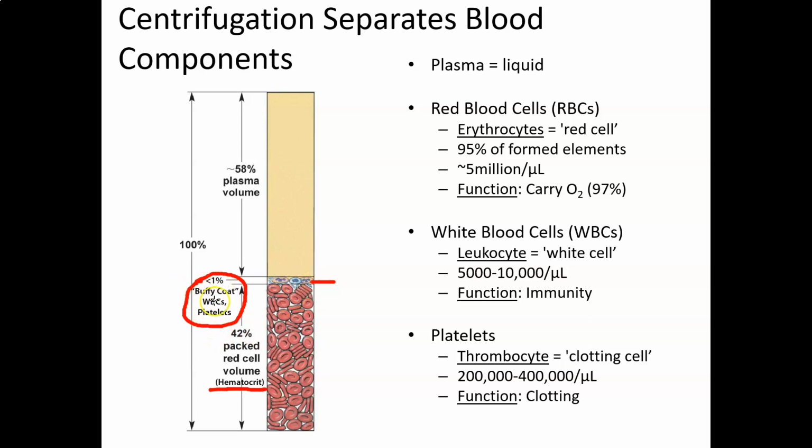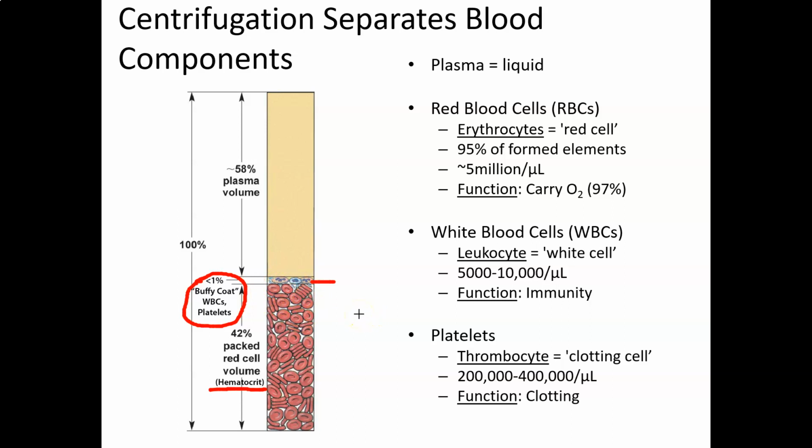The buffy coat is small for a number of reasons. The white blood cells, as we'll see over here, have some easy details about them. For every 500 to 1,000 red cells, you have one white cell. And since we have so few white cells relative to red cells, they don't make up a very big volume.